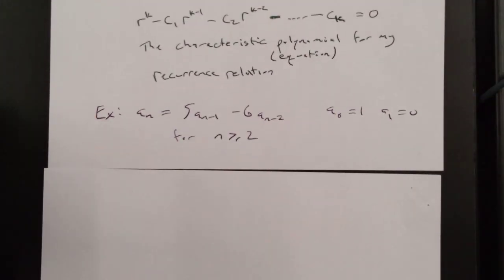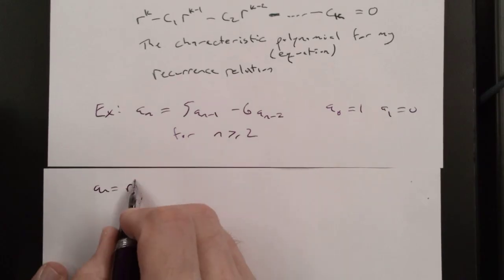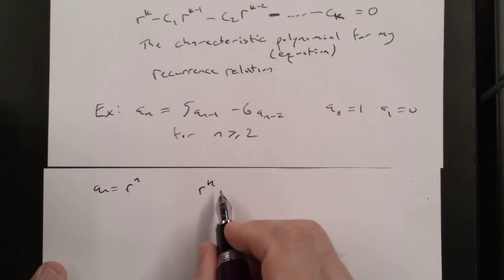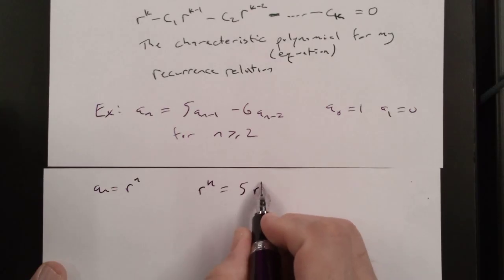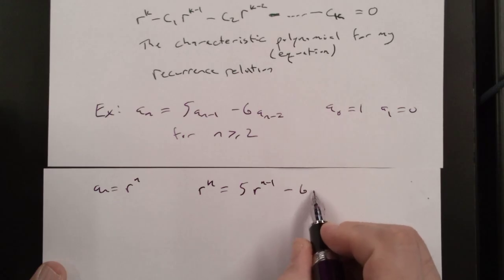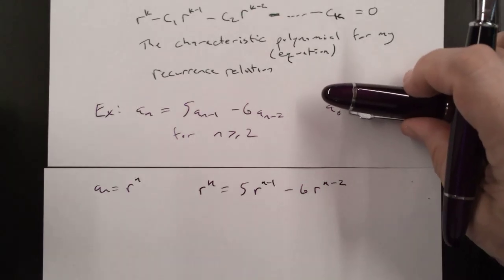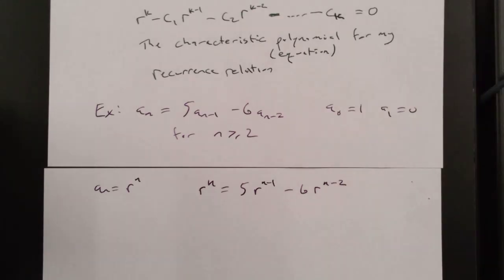So I'm going to assume that my solution a_n is r to the n. This equation becomes r to the n equals 5 r to the n minus 1, minus 6 r to the n minus 2. We'll worry about those later. For the moment, let's just stick with this.